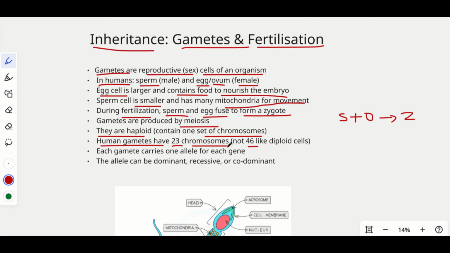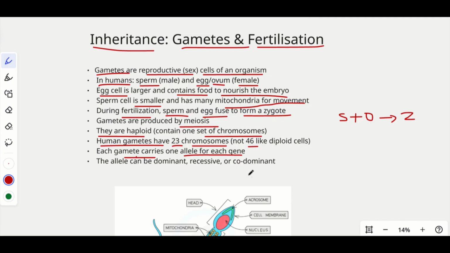Each gamete carries one allele for each gene. Like we have different characteristics, right? Eye color, hair type, hair color, finger shape. In each and every body part, we have a unique thing, and that is because of genes. The gene will carry your genetic information, right?